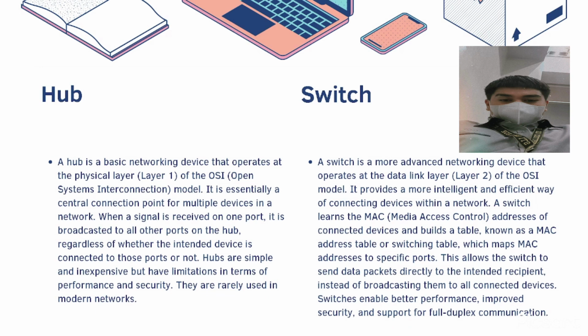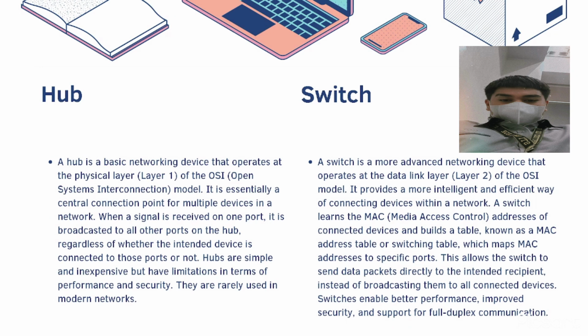The second one, switch. A switch is a more advanced networking device that operates at the data link layer, layer 2, of the OSI model. It provides a more intelligent and efficient way of connecting devices within a network.